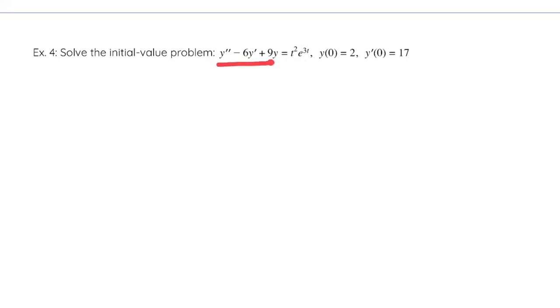Because we have a second order, right? The highest derivative is a second derivative, so second order. We have a pair of initial values. So we've got y of 0 equals 2, we've got y prime of 0 equals 17.